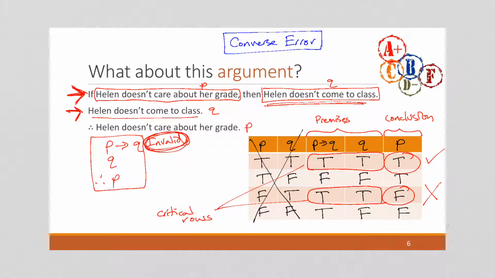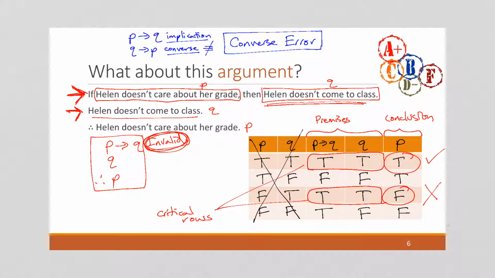The reason is it sort of has the same reasoning as the converse. If you recall, if P implies Q is our implication, then Q implies P is the converse. And we saw in the last module that the implication and the converse were not equivalent.